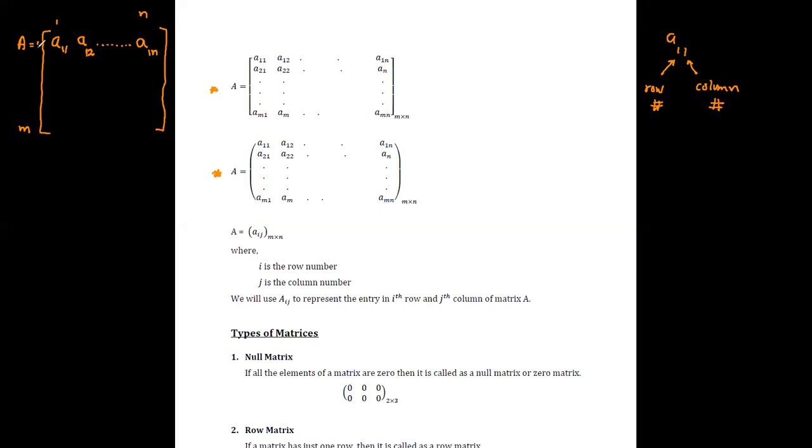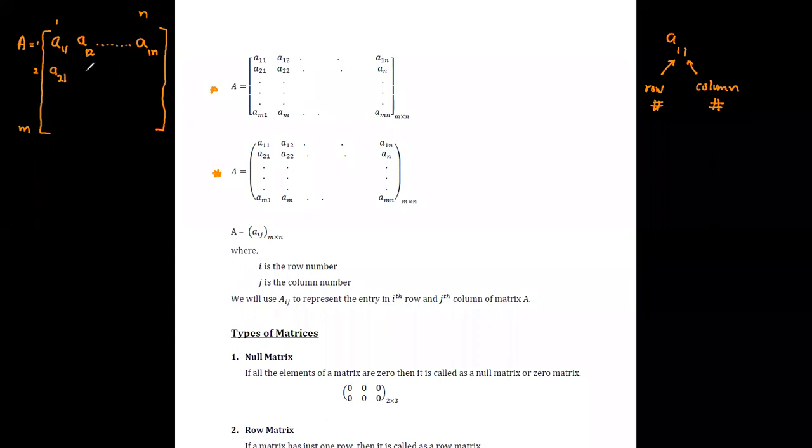Then we can move to the second row and use the notation A21, because this is the element in the second row, first column.